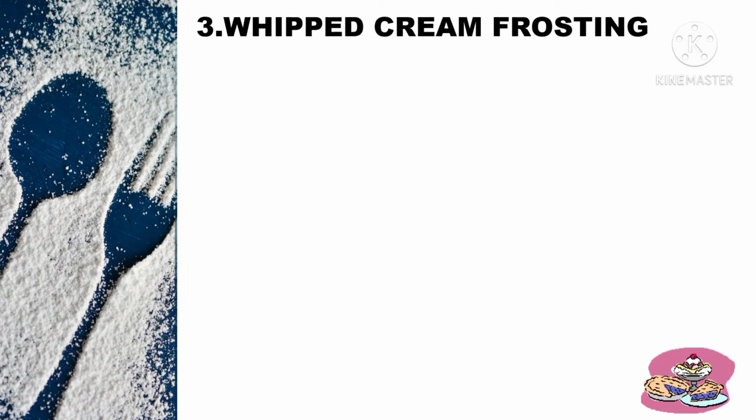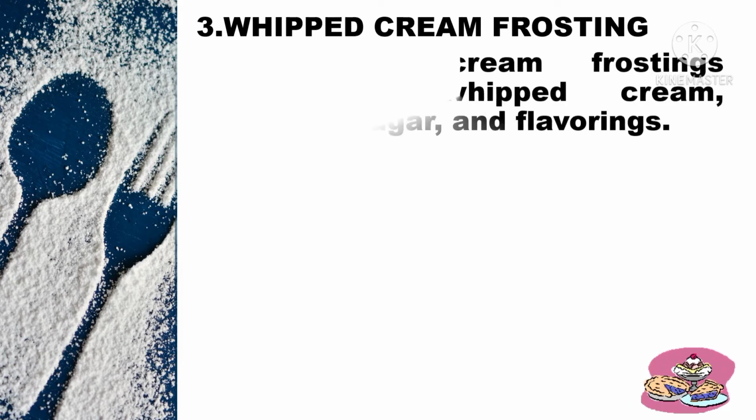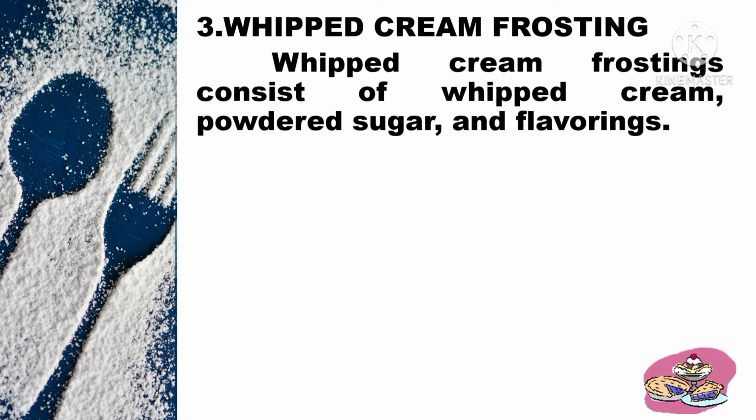Number 3. Whipped cream frosting. Whipped cream frosting consists of whipped cream, powdered sugar, and flavorings. What could be less difficult? As with buttercream, the cornstarch in the powdered sugar balances out the icing.